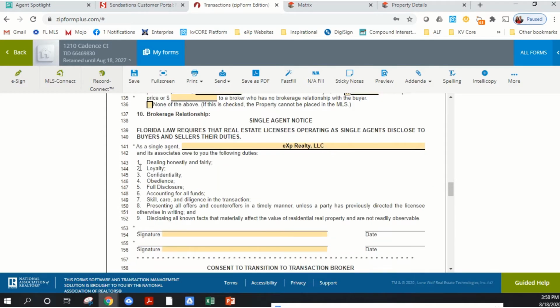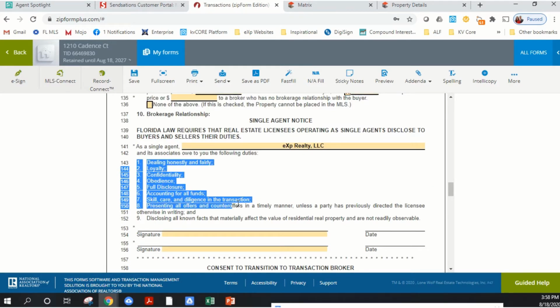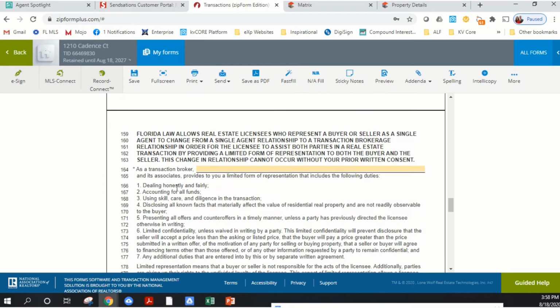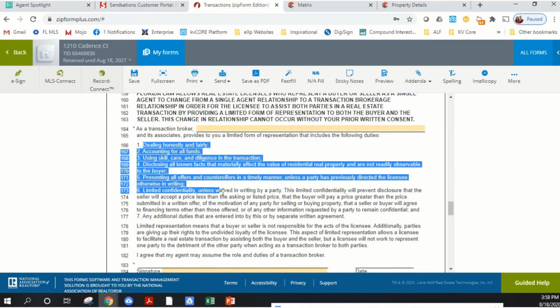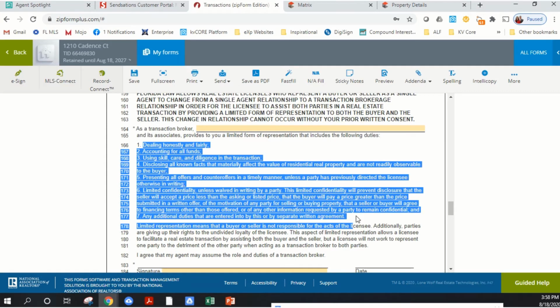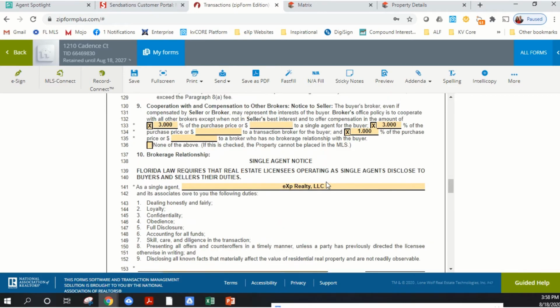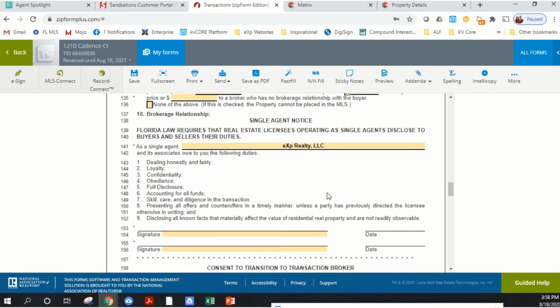So here are your obligations as a single agent, which are different from your obligations as a transaction broker, okay? And again, this only applies, so I have a stronger obligation to my client, the seller, if another brokerage were to represent the buyer and sell the listing, okay?